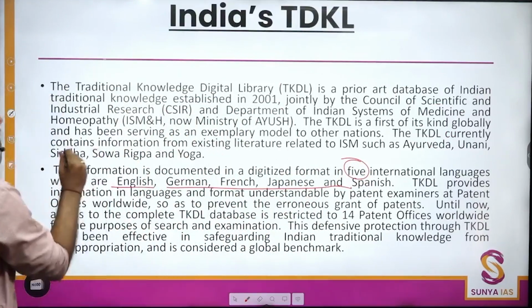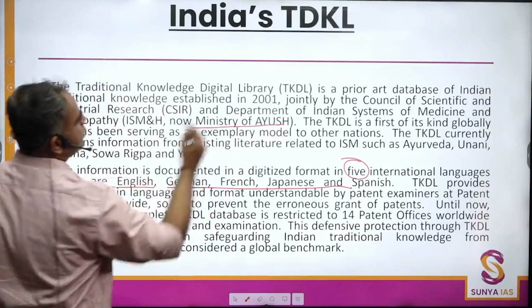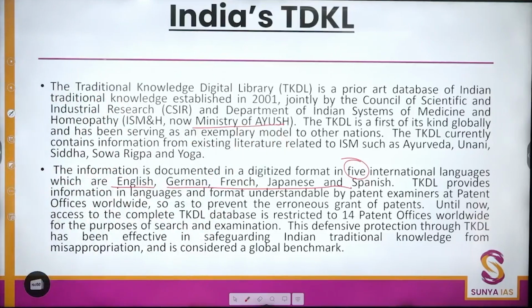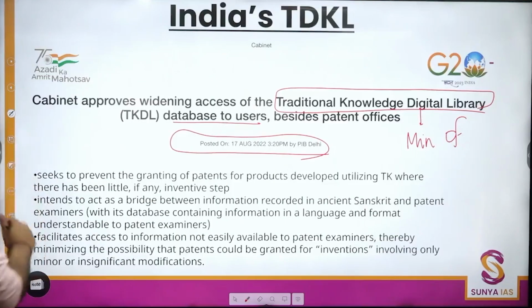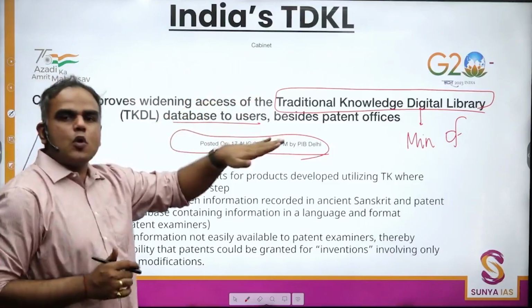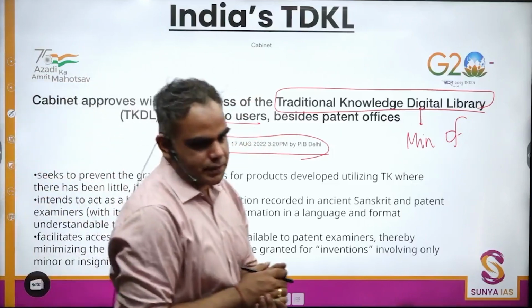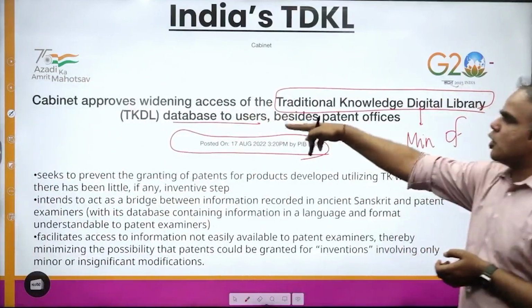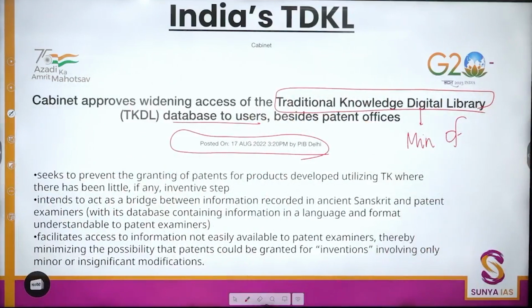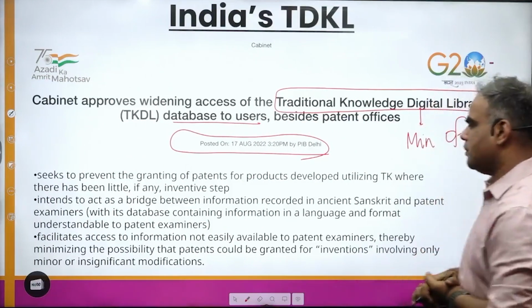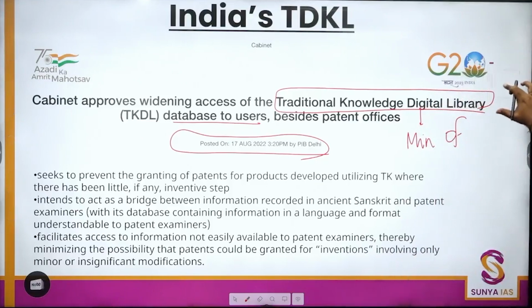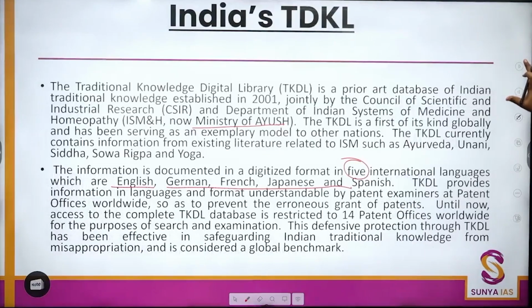That is the first thing. Second, Ministry of Ayush. And third, it was earlier only accessible to the patent office, but now the access has also been given to users. So now more people will have access to this Traditional Knowledge Digital Library. This is again one thing that you can be aware about.